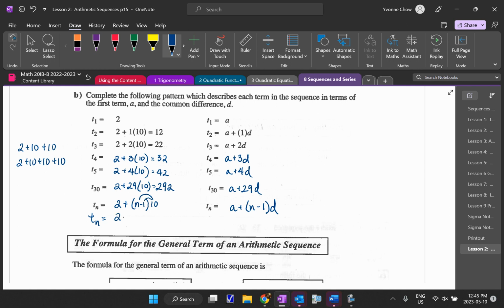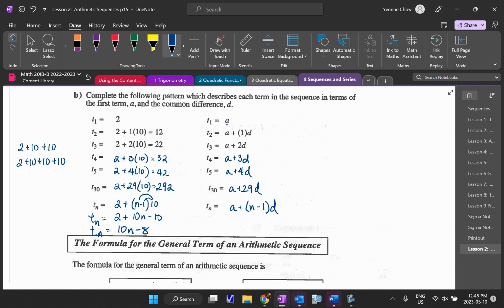So we've got 2 plus 10n minus 10, or 10n minus 8. And this is what we would call the general term for this particular sequence of 2, 12, 22, 32, etc.